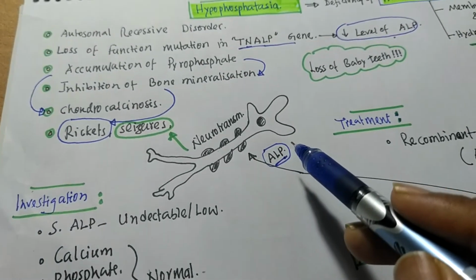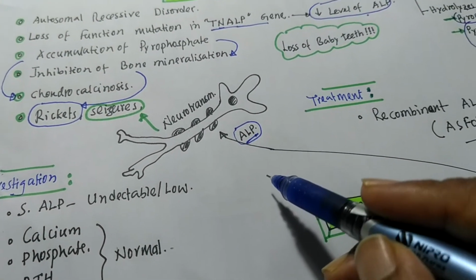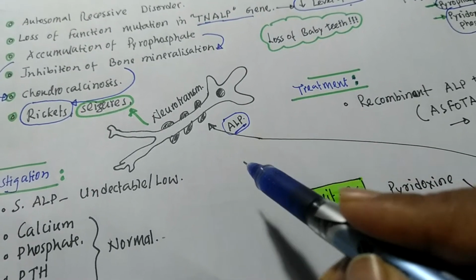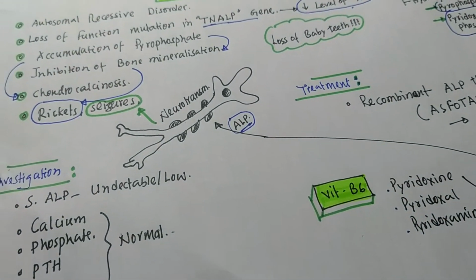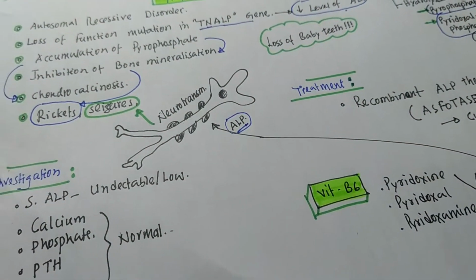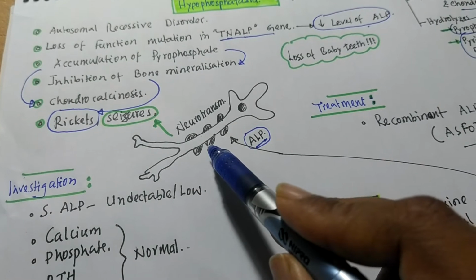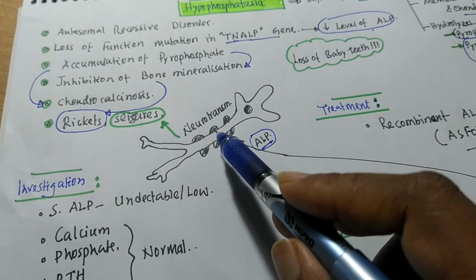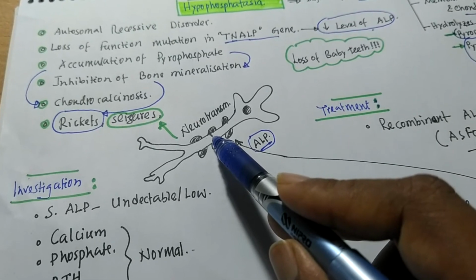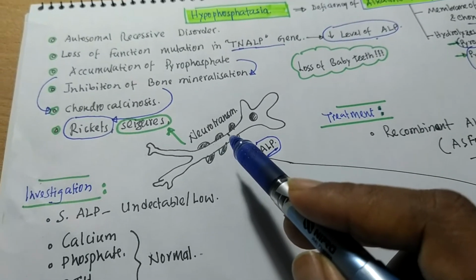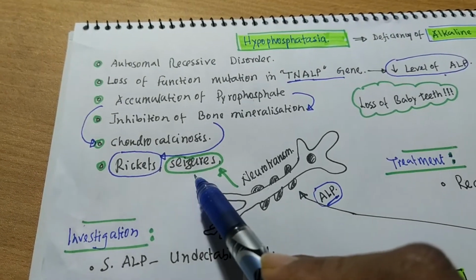So if the alkaline phosphatase activity is decreased, dephosphorylation of pyridoxal 5 phosphate will be decreased. So entry of pyridoxal 5 phosphate inside the neuron of the brain will be decreased. So neurotransmitter synthesis will be decreased, and this decreased neurotransmitter synthesis in the neuron will be responsible for convulsion.